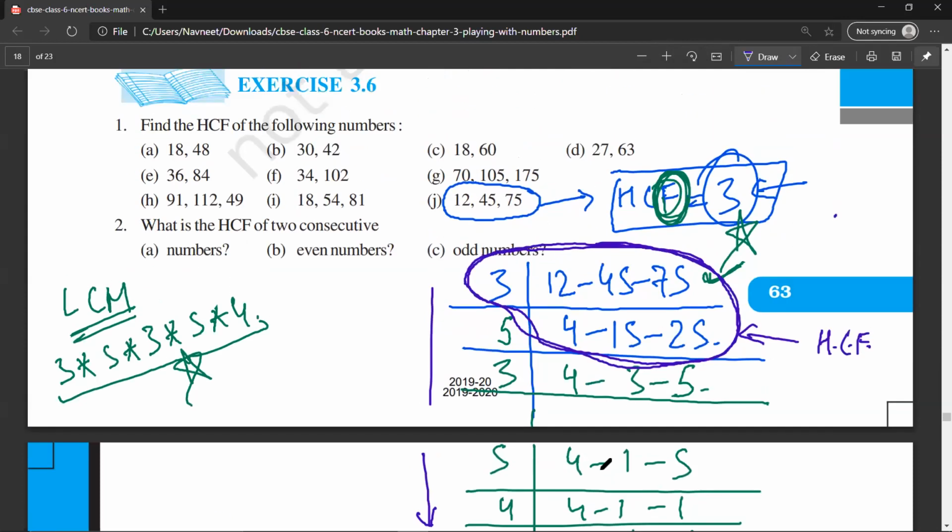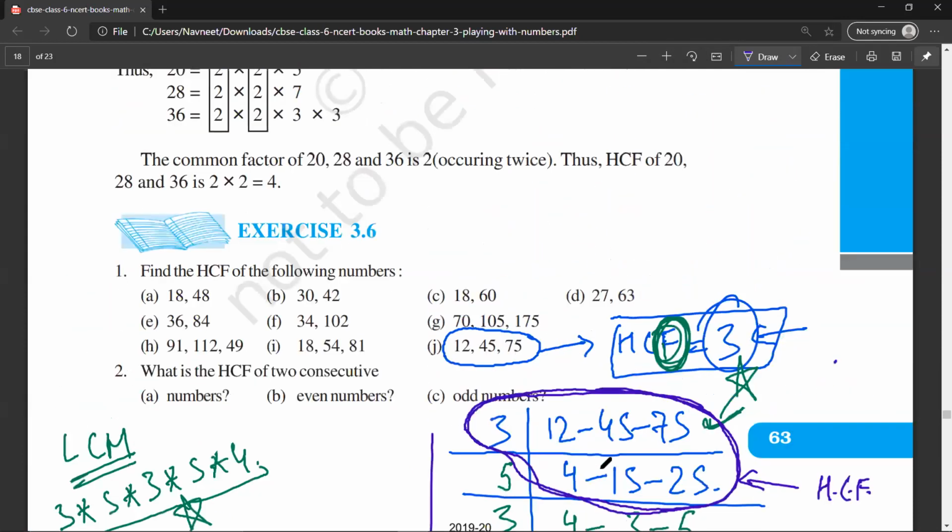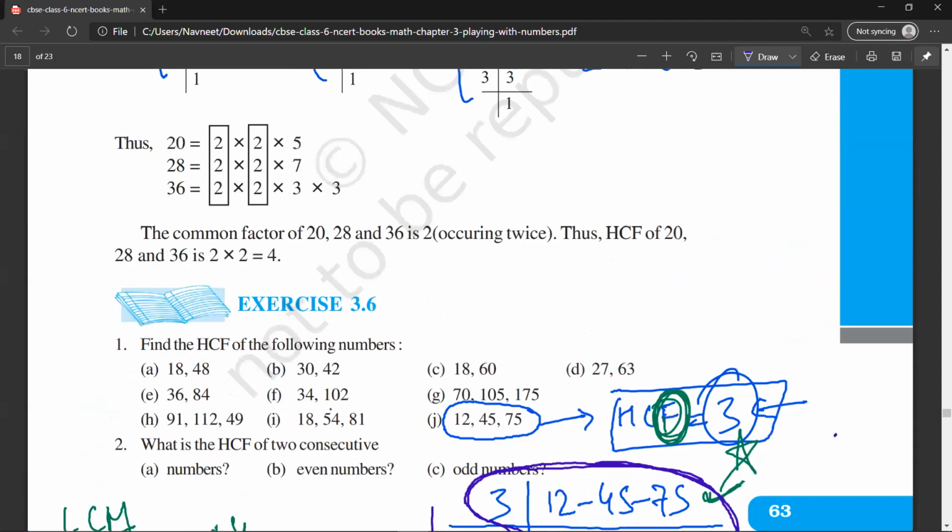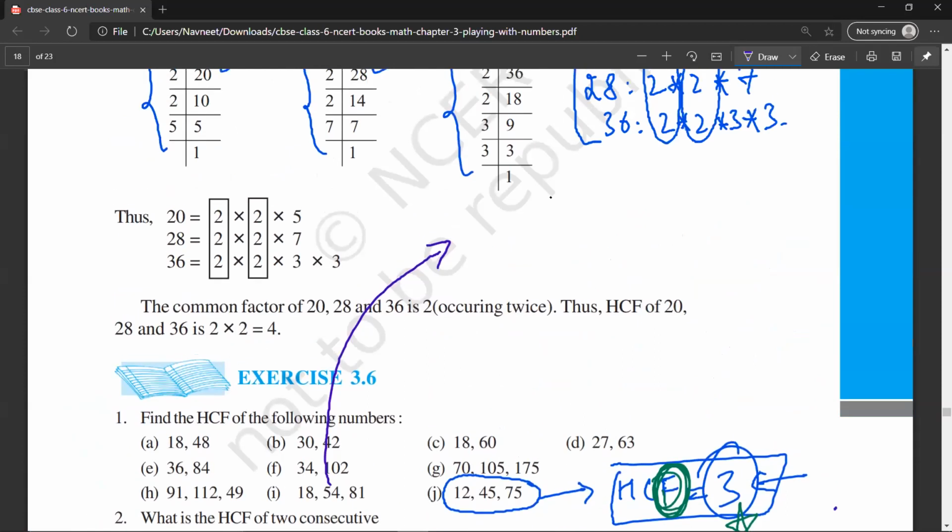Should we take another example? Let us take this example, which is our first. For example, 1854 and 81. I have to find the LCM. What is the first number I should take?